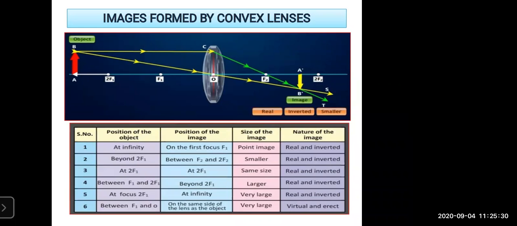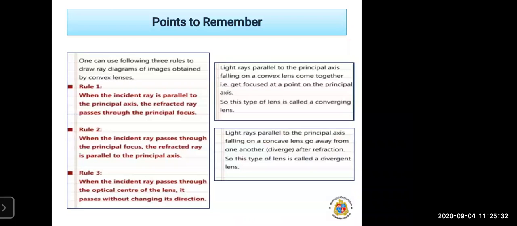Now what are the points we have learned today? Which topics have we covered in today's lecture? Remember the rules of the ray diagram. First rule: when the incident ray is parallel to the principal axis, the refracted ray passes through the principal focus.